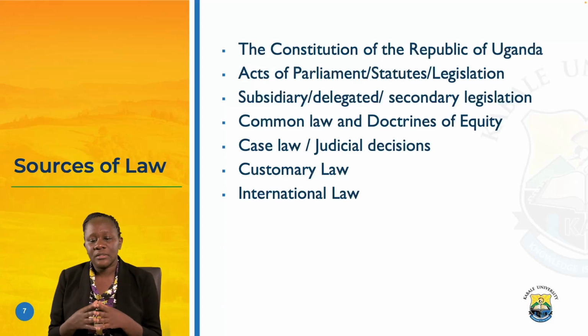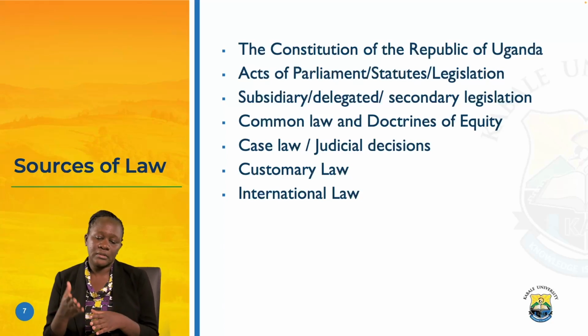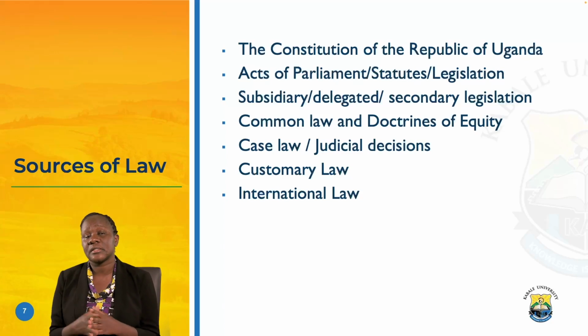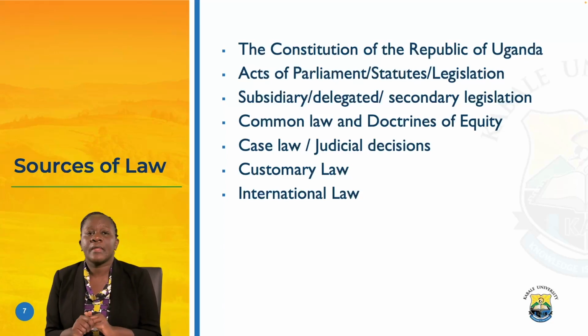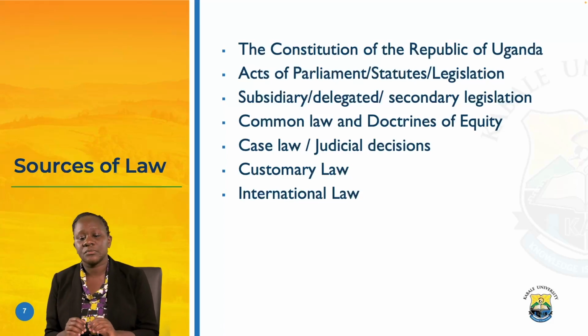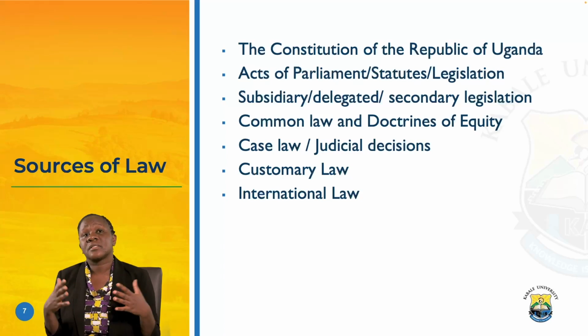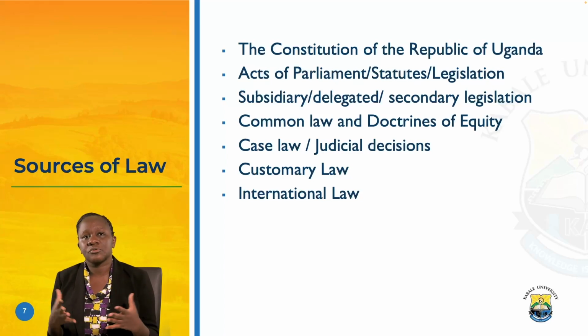So what is the difference between Acts of Parliament and subsidiary legislation, or delegated legislation, or secondary legislation, as it is sometimes known? Article 79 of the Constitution of the Republic of Uganda places the duty upon Parliament, which is our legislative body, to enact laws. But because of many reasons, including the fact that Parliament is busy and has a lot of other business to attend to, they can delegate that authority.